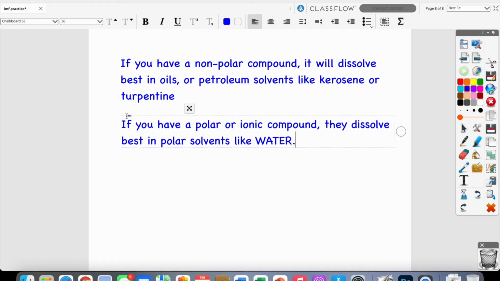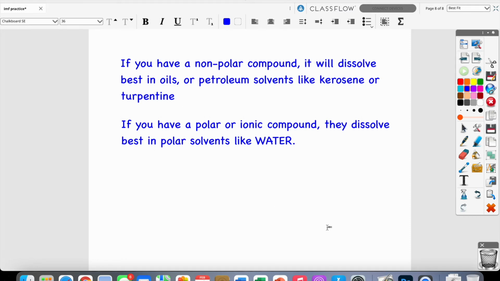Methanol is fairly polar. It's not as polar as water is, but it can dissolve many polar solutes. And acetic acid is polar as well, and it can be used as a solvent in some situations. So water isn't the only polar solvent, but since it's pretty cheap and it comes out of a tap, we're going to say that mostly when we're talking about polar solvents, we're talking about water.